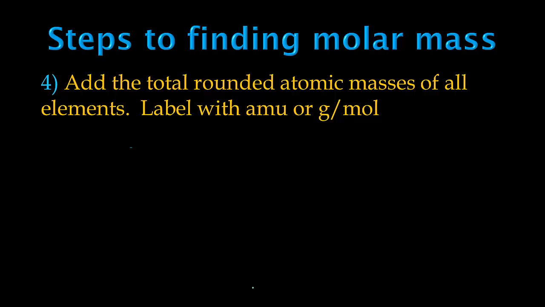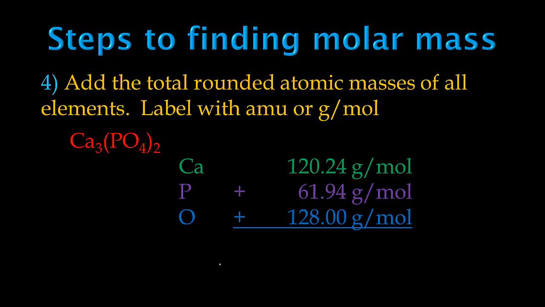Fourth step, you add the total rounded atomic masses of all the elements, and then you label with AMU or grams per mole. So we have our 120.24 plus 61.94 plus 128. It is 310.18 grams per mole, or 310.18 AMUs.